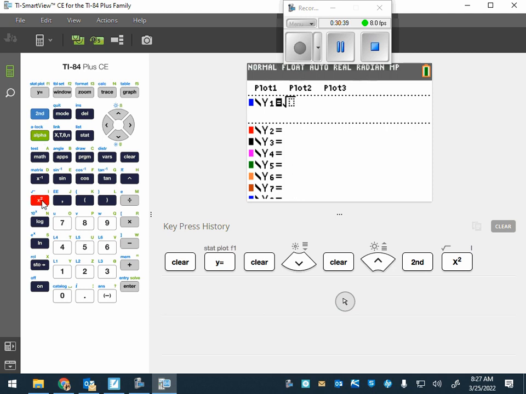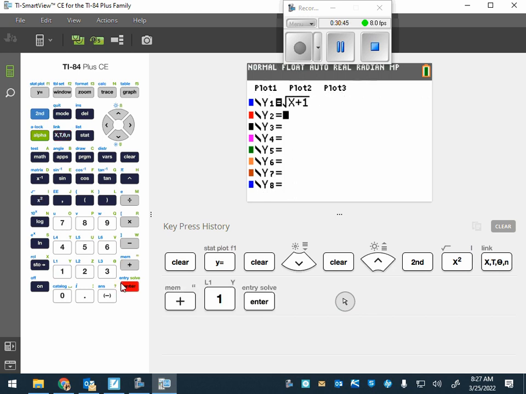Second x squared gives you the square root, and it's x plus 1. Okay, in y2, you're going to do x minus 1. To find the x key, it's below the mode key. Okay, is everyone okay? Okay, then hit graph.